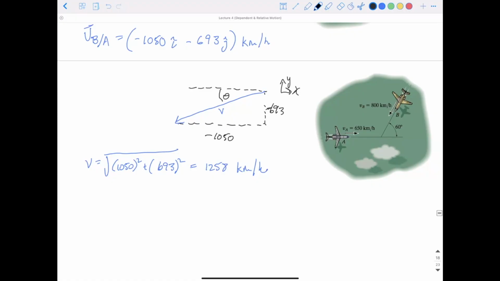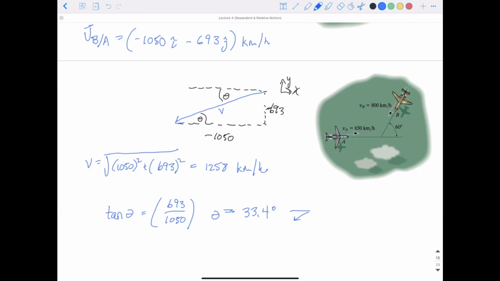And then if we recognize that this angle here is the same as this angle, then we can write our equation: tan theta is equal to 693 divided by 1050. And if we inverse tan of that ratio, then we get in degrees our angle is 33.4 degrees.